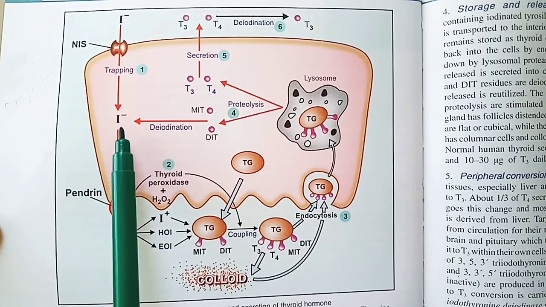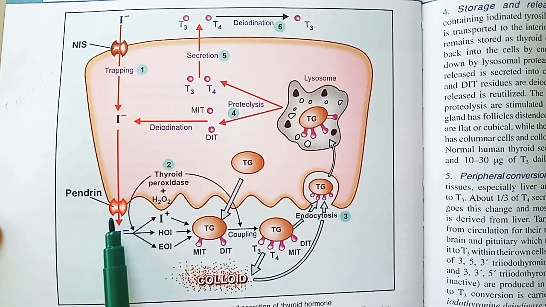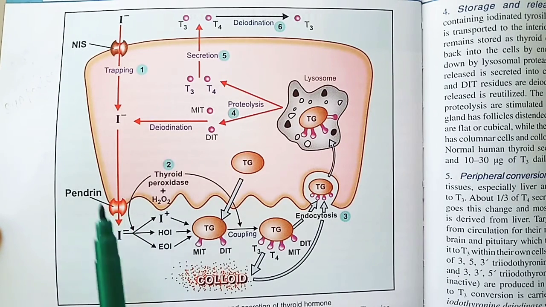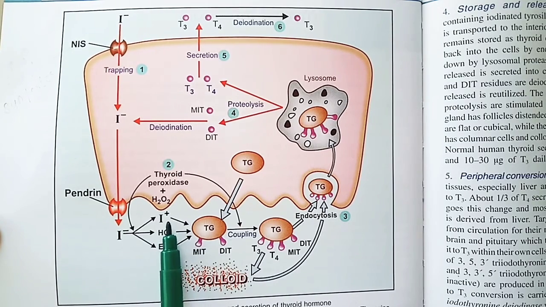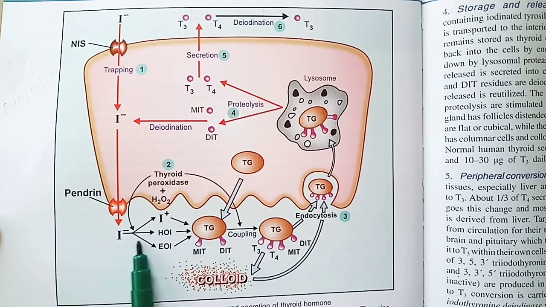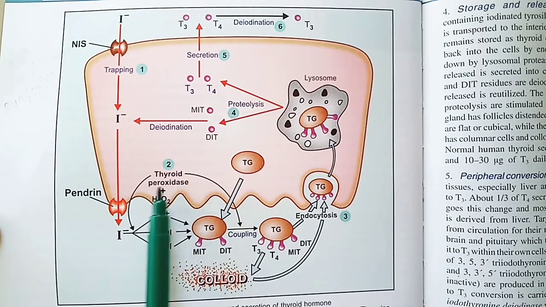This iodide, after trapping, goes to another symporter, that is pendrin, which causes transport of iodide outside, and this causes the conversion of iodide into iodinium ion, hypoiodous acid and enzyme linked hypoiodate with the help of thyroid peroxidase.